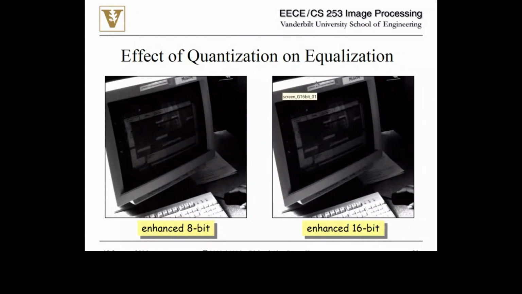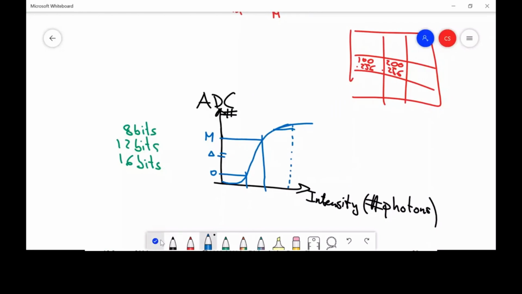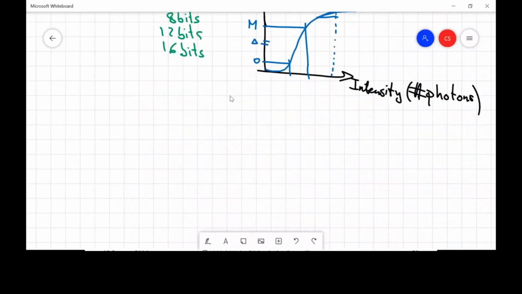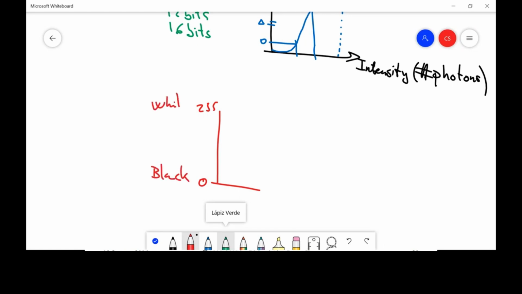Yeah. So, for instance, let's say that in 8 bits I have the colors from 0 to 255. And I know this is black, this is white.